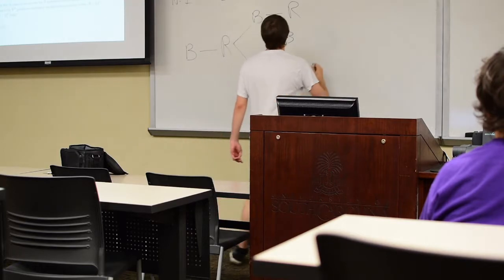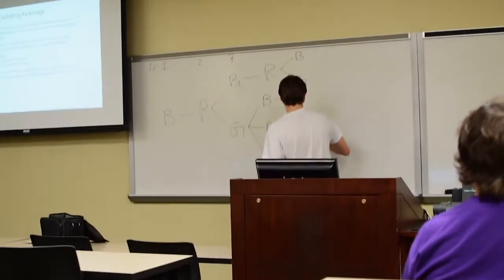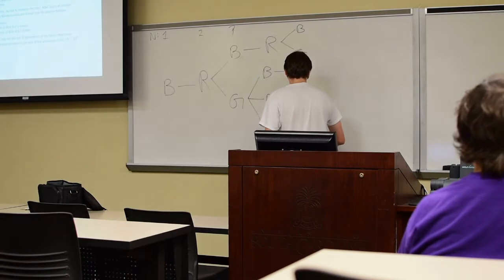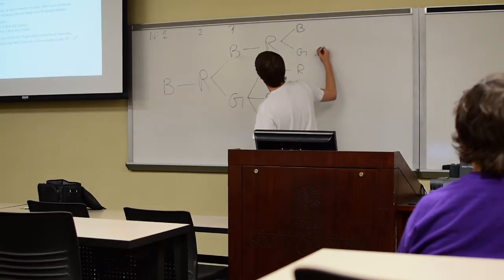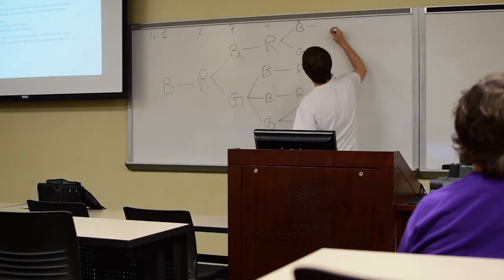All right, we'll go a couple more. Red has a blue and a green. Blue has a red. Blue has a red. Green has 2 blues and another green. Blue, blue, green. All right, we'll do one more. I think maybe that is enough.